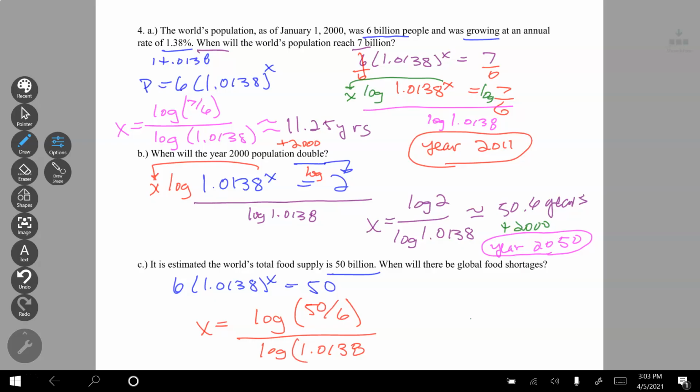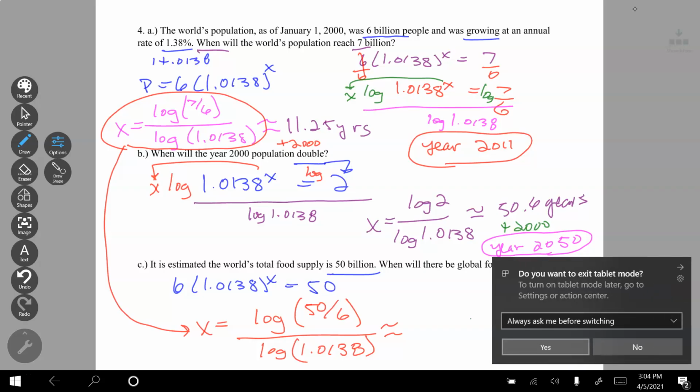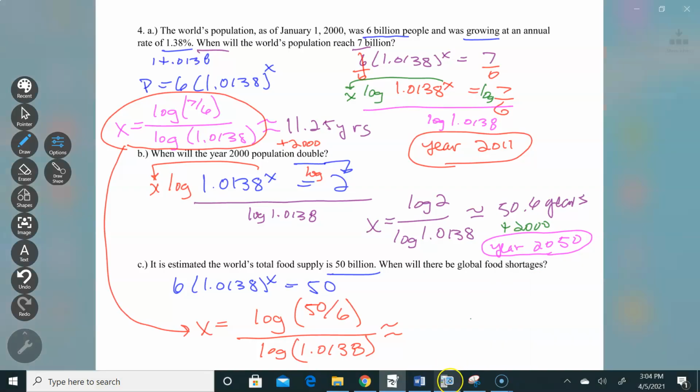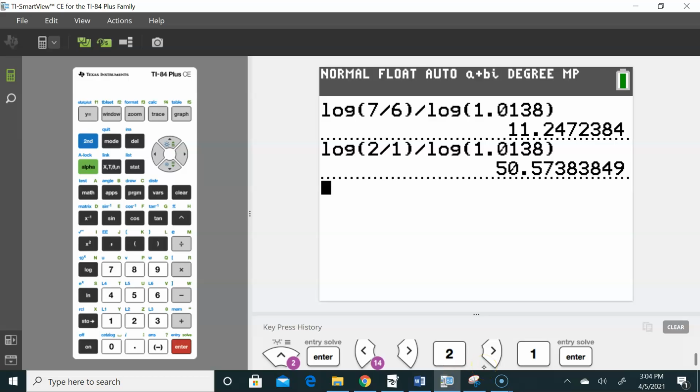I'm going to put parentheses, but this is what I did from part A. Right here is going to be exactly the same, except instead of having 7, I'm replacing it with 50. I'm going to put this into my calculator, and I'm going to cheat a little bit.